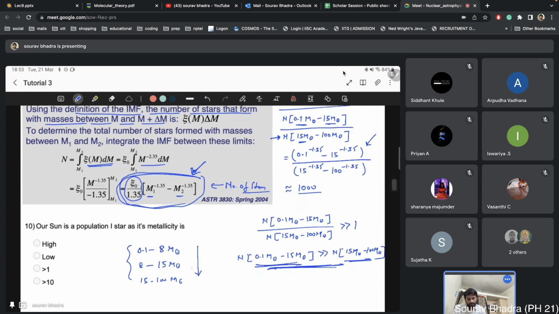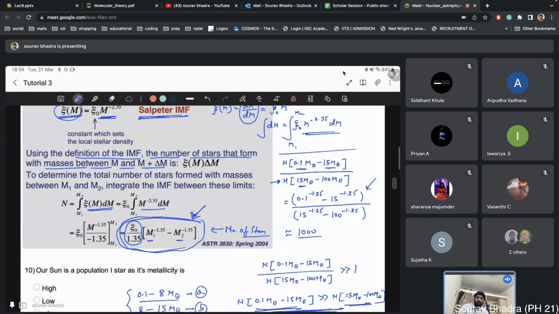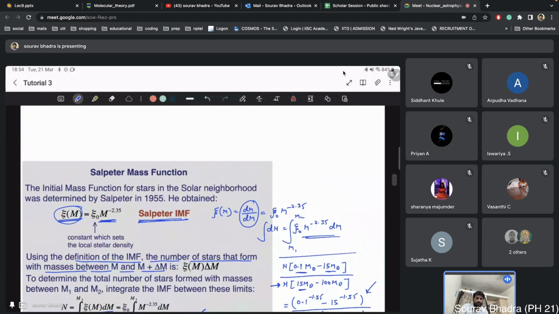The number will decrease as you go from A to B to C. If you don't understand, please tell me, I will try to explain again.